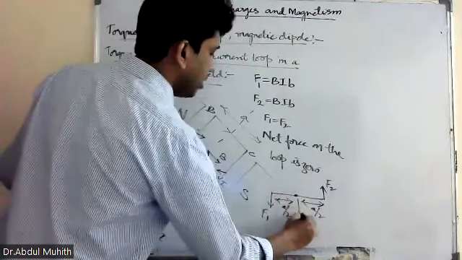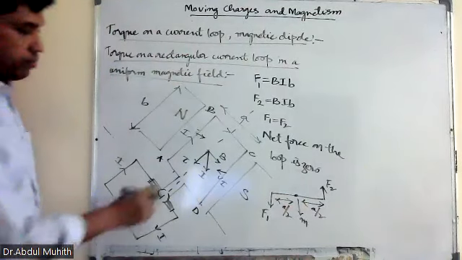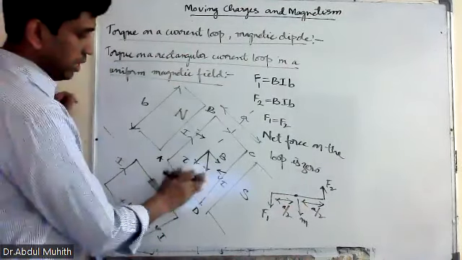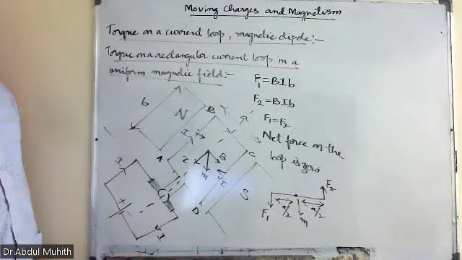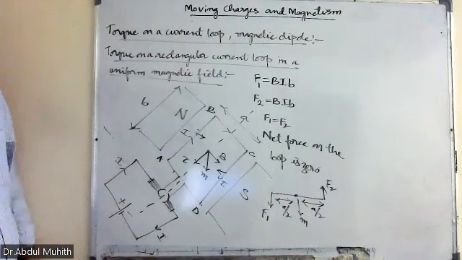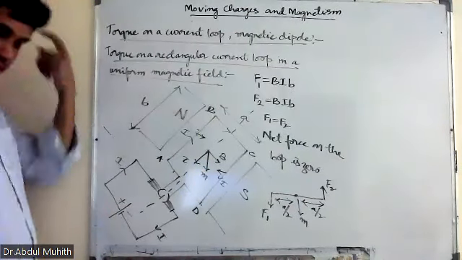And this is the magnetic moment. Small m is said to be the magnetic moment, where I is the current. The formula for magnetic moment is N I A. We will discuss that also.